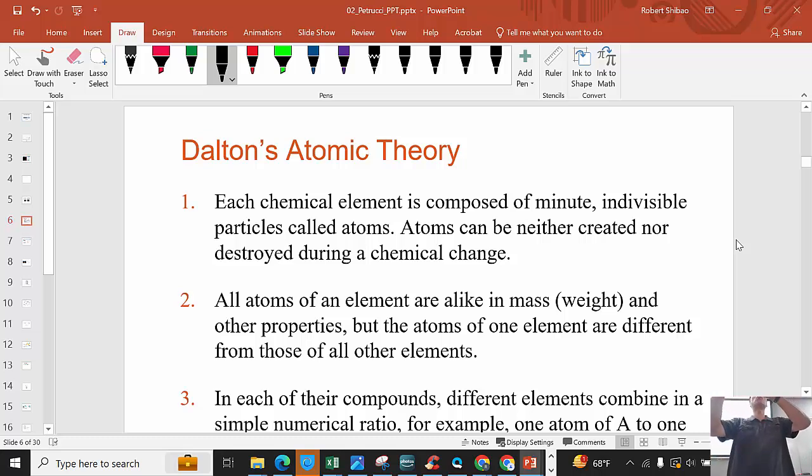The prediction is all compounds should be simple whole number ratios. So, for example, all compounds of oxygen and carbon should be in simple whole number ratios. For example, carbon monoxide, 1-to-1. Carbon dioxide, 1-to-2. And nothing in between.